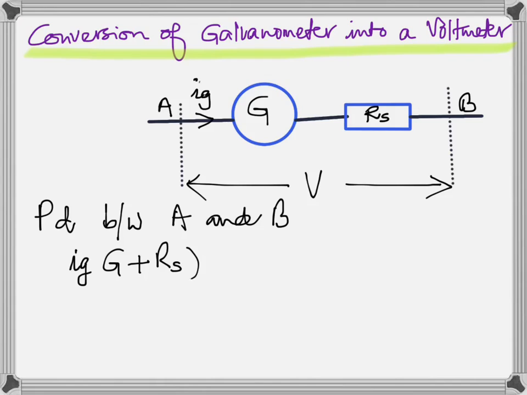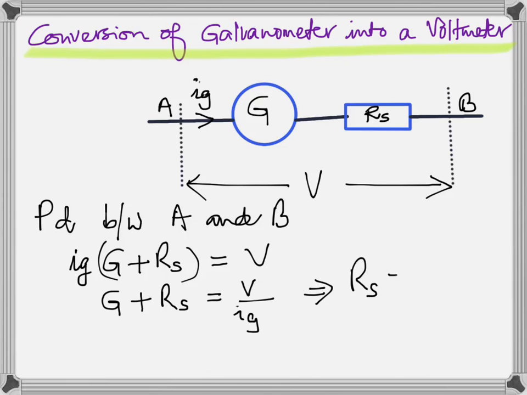Current is Ig through both because they are in series, and you multiply. That should be equal to the voltage. Rearrange. We're trying to make Rs the subject, isn't it? You don't know how much resistance you got to put. You're making this the subject. Rearrange to get V by Ig minus G. That's the formula.